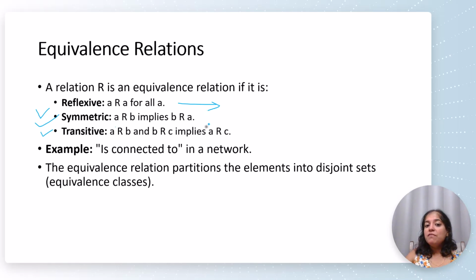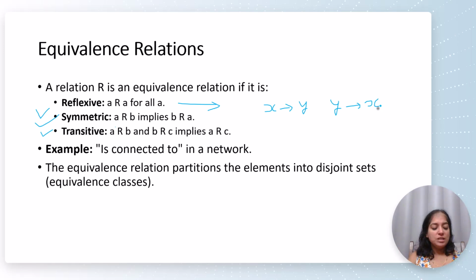Symmetric is if A is related to B, then B is also related to A. That is, if element X is related to element Y, then Y is also related to X. That means the relation goes both ways.